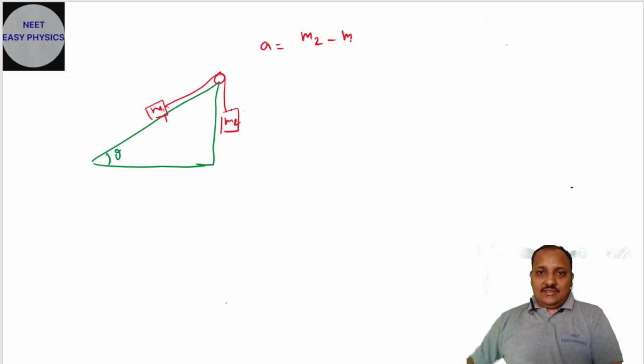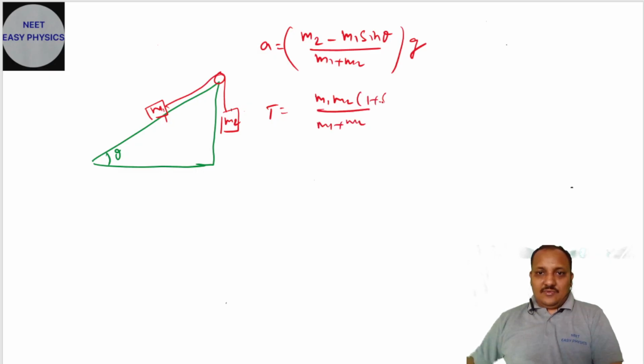M2 minus M1 sin theta by M1 plus M2, into g. What is the tensional force we wrote? M1 M2 by M1 plus M2, 1 plus sin theta, into g. Now the same equation you will get, but here one object is there on theta. Therefore we got here 1 plus sin theta.